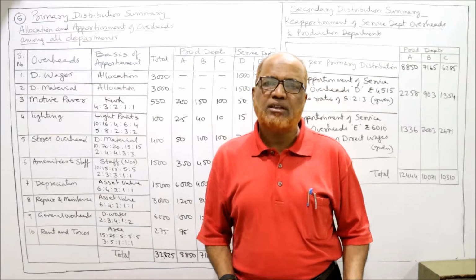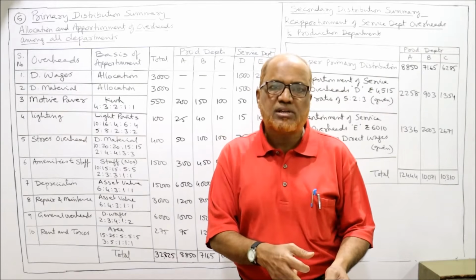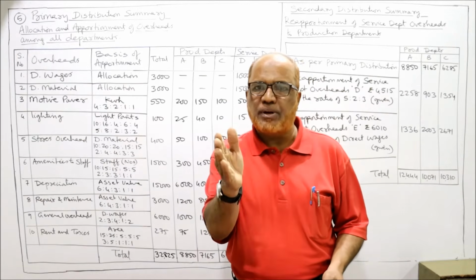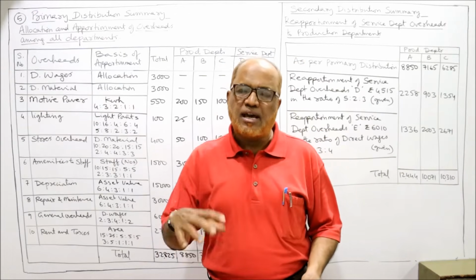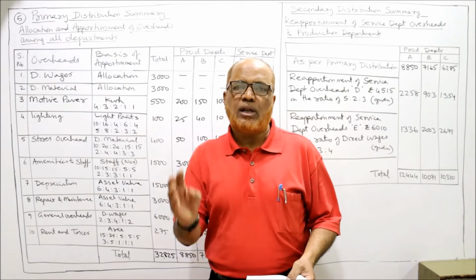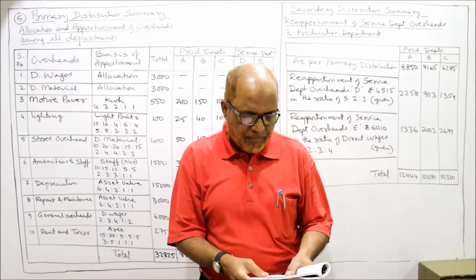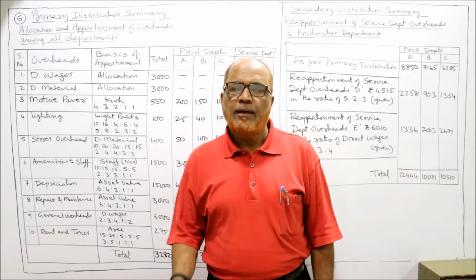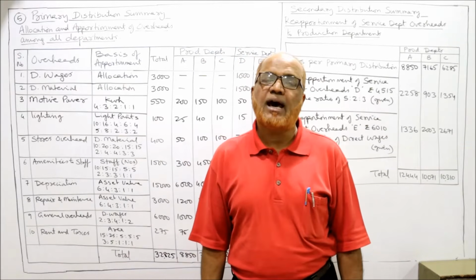Then depreciation. The depreciation 15,000 should be apportioned on the basis of asset value. The asset value is given. So there is relationship between depreciation and asset value. Then repairs and maintenance, same asset value. So depreciation and repairs and maintenance will be apportioned on the basis of asset value. Then general overheads. The general overheads will be apportioned always in the ratio of direct wages.